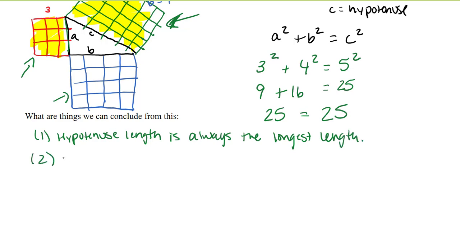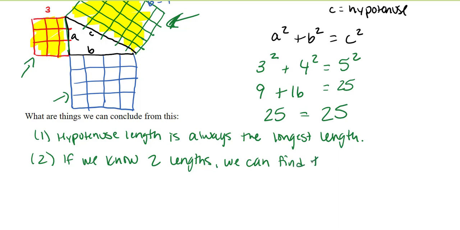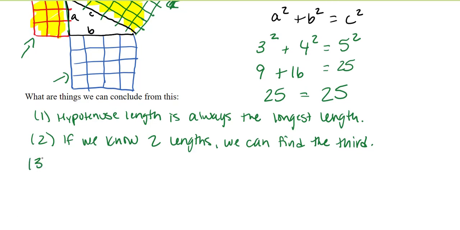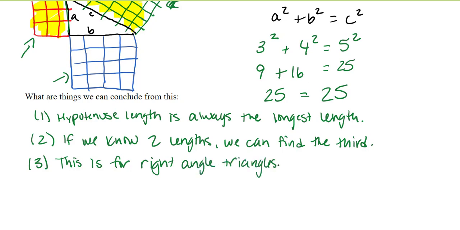Second, if we know two lengths, we can find the third. That's really helpful. And this is for right angle triangles. Now let's look at some examples.